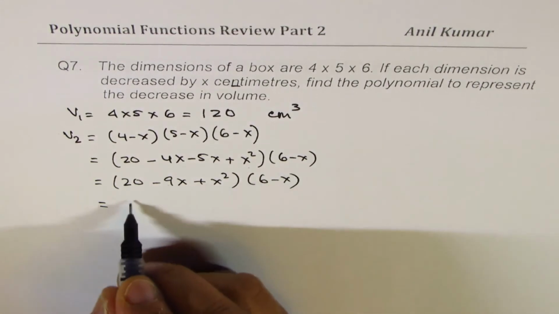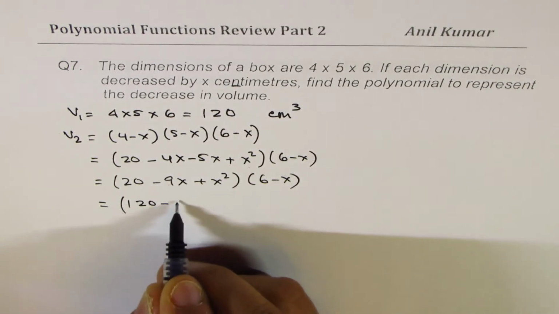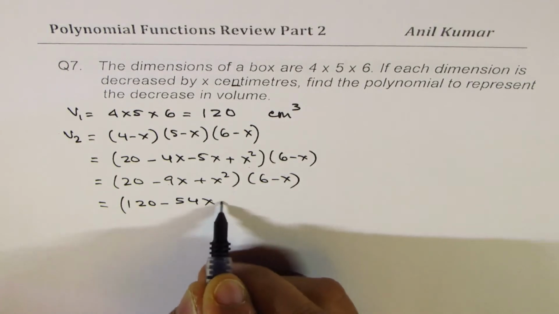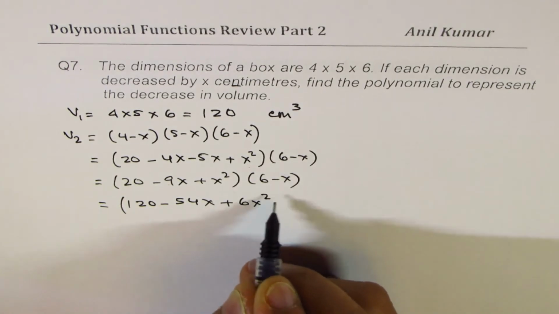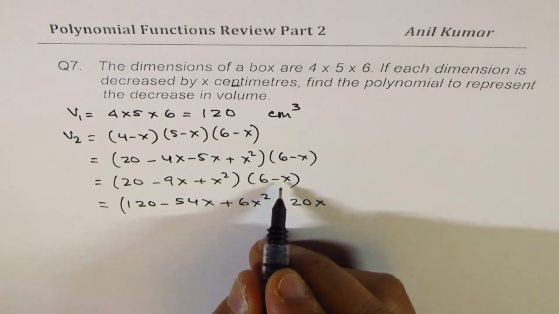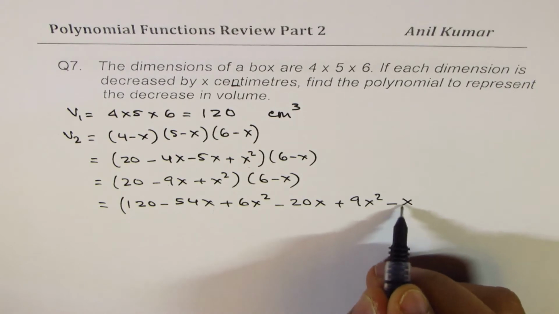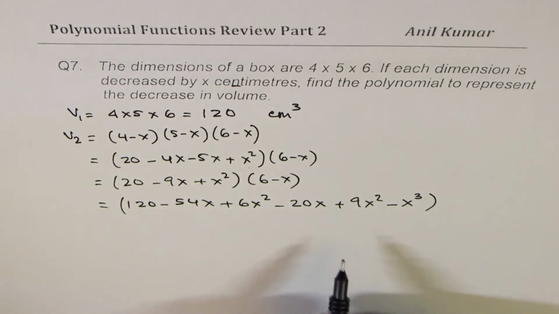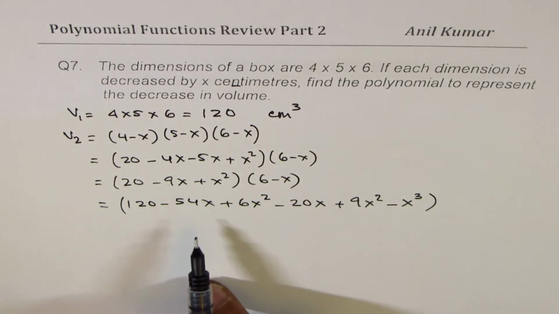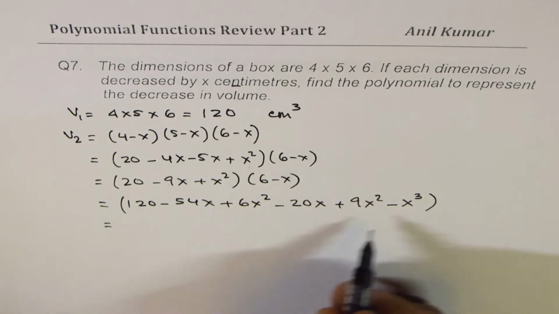So let's multiply by 6 now. 6 times 20 is 120, minus 54x plus 6x squared. Multiplying by minus x gives us minus 20x plus 9x squared minus x cubed. So that becomes the function. Let's combine the like terms.